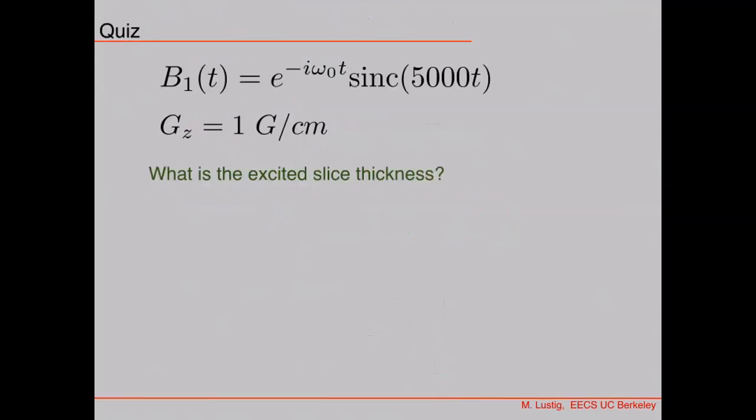So here's a quiz. Let's do it together. My B1 field is e to the minus i omega 0 t, times sinc of 5,000 times t.